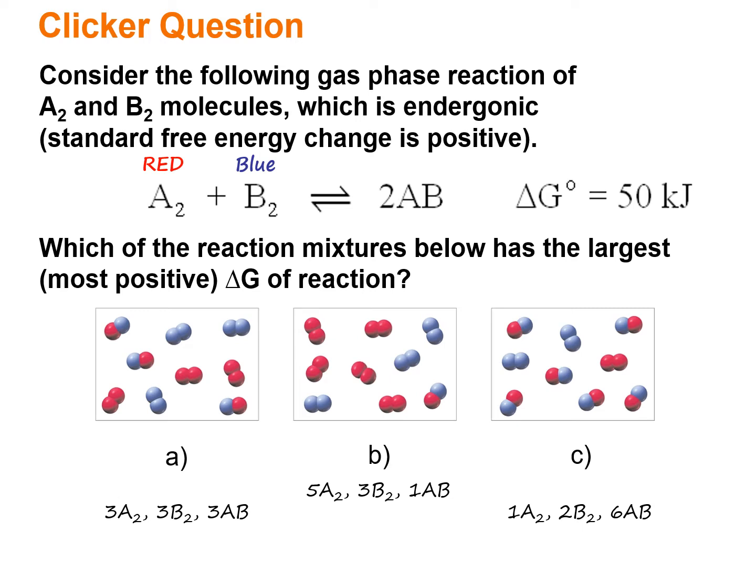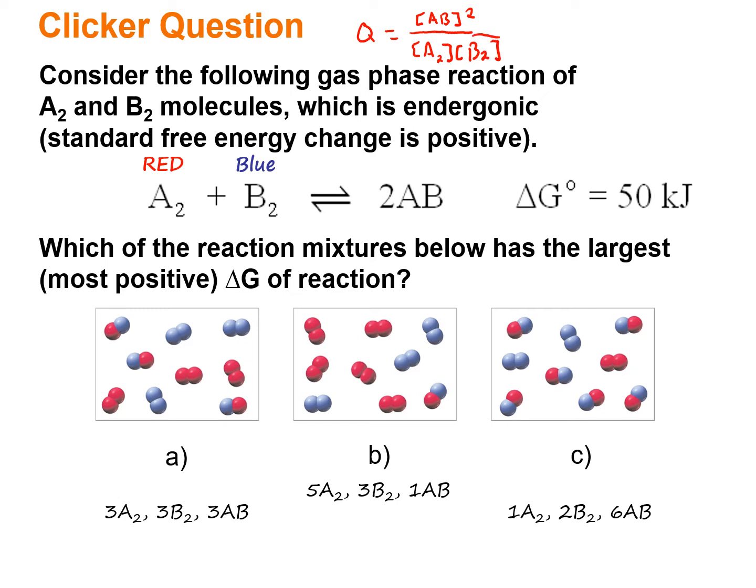So we should go ahead and write down what exactly Q is. For this reaction, Q equals the AB concentration squared divided by the A2 concentration and the B2 concentration.